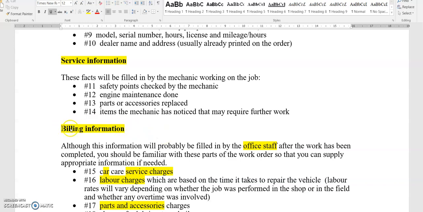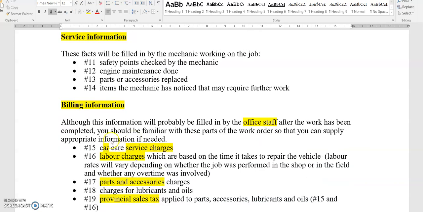In billing information, very likely it's the office staff that will end up filling it out, but you do need to provide any charges related to the job that you've completed. For example, in my case, I always charge for travel time, so that relates to car and service charges.